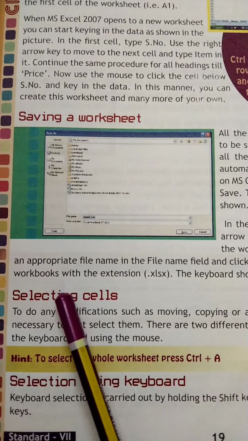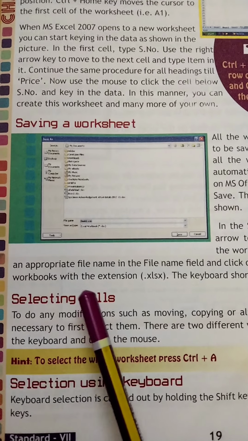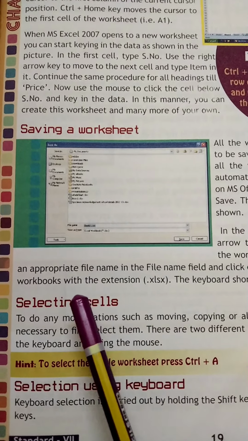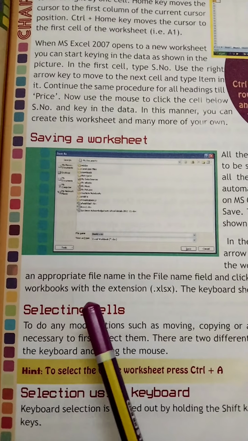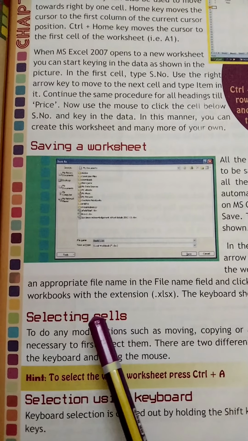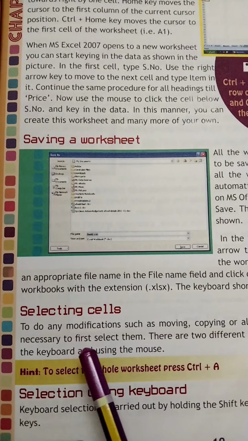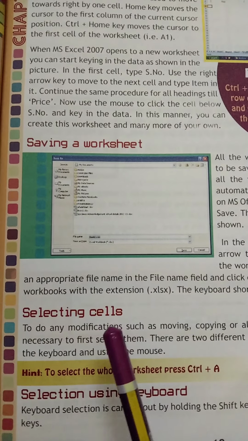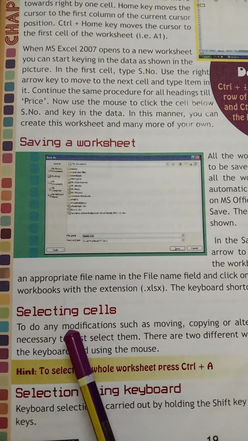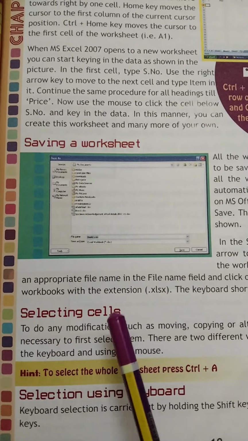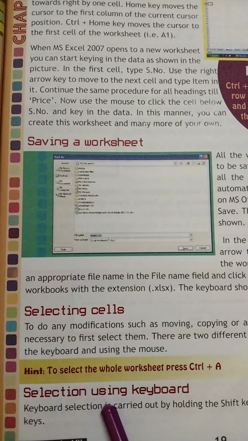The next topic is selecting cells. If you want to make any changes or modifications like moving or copying or any alterations, first we have to select the cell. This can be done with the help of two things, the keyboard and the mouse. So the first topic is selection using the keyboard.